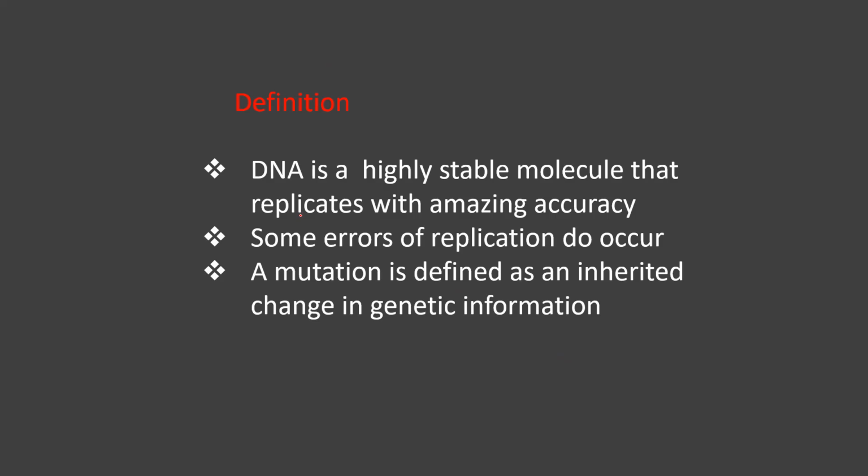I mean, it makes one mistake in 10,000, so that's pretty good, right? Some errors of replication do occur, of course, and a mutation is defined as an inherited change in genetic information. Remember, the inherited part is because we're talking about germline mutations normally when we say mutation, okay?